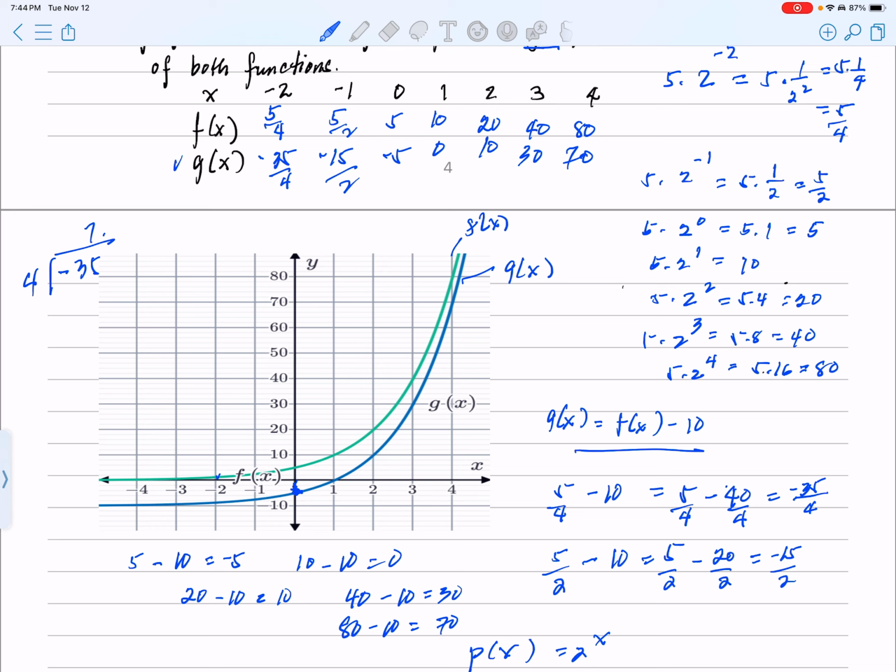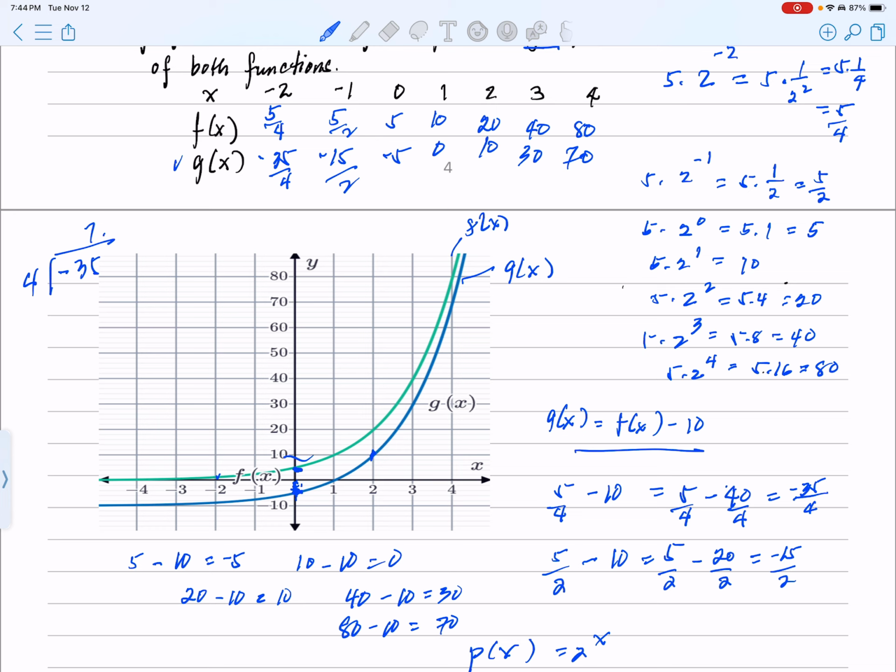When x is 0, it's negative 5, right here, between 0 and 10. And when it's 1, it's 0. When it's 2, it's 10 right here.